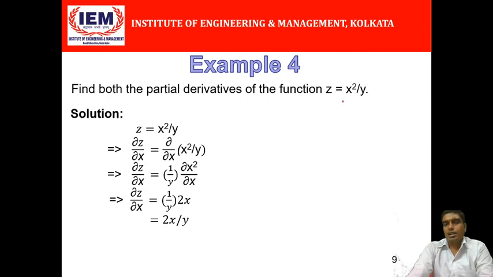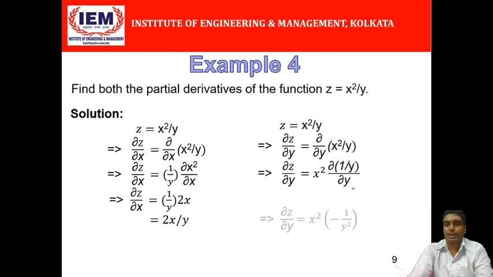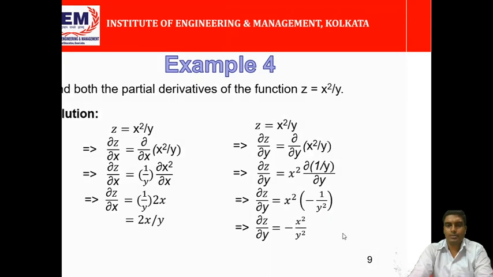Similarly, when I differentiate this function with respect to y partially, x square will be constant, so I can take x square outside of the differentiation. The derivative of 1 by y with respect to y is negative 1 by y square. So the result will be minus x square by y square.